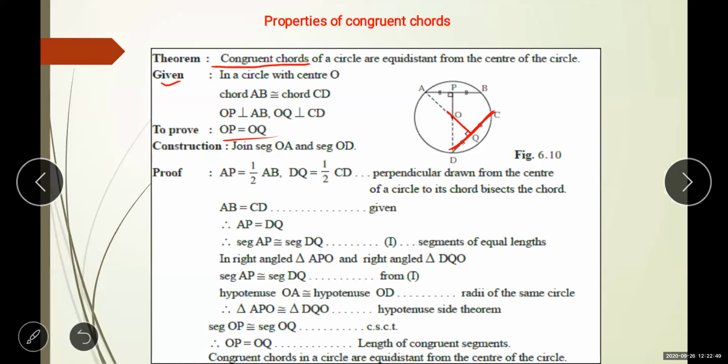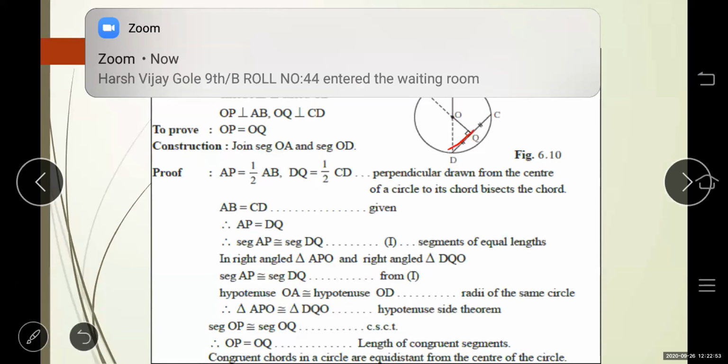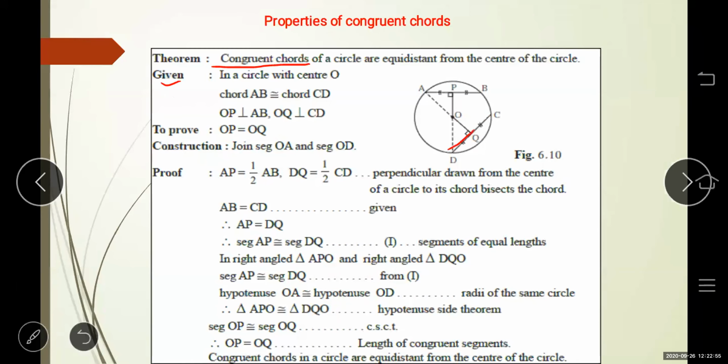So what do we need now? DQ, because DQ comes in our triangle. So DQ is half of CD. Reason, you have to mention that reason: perpendicular drawn from the center of the circle to its chord bisects the chord.